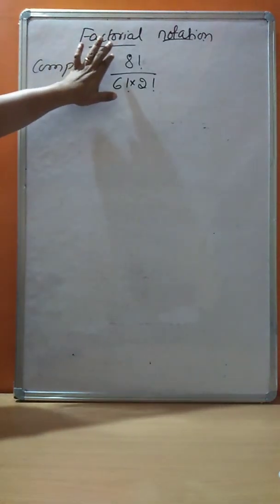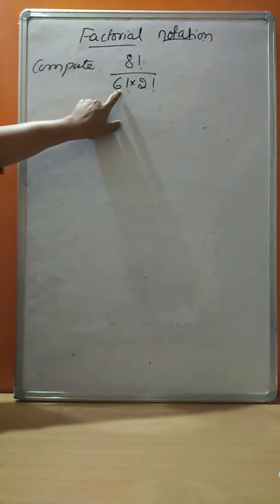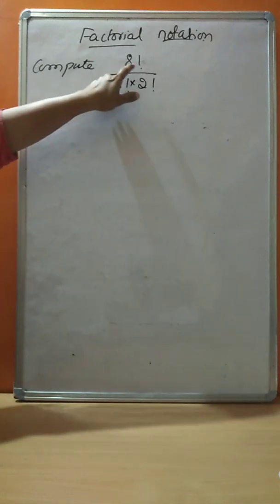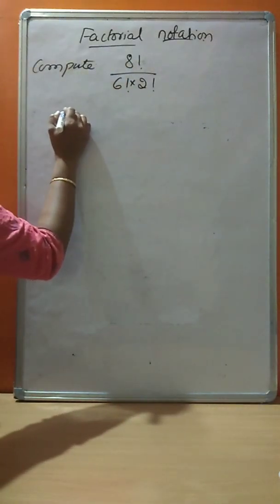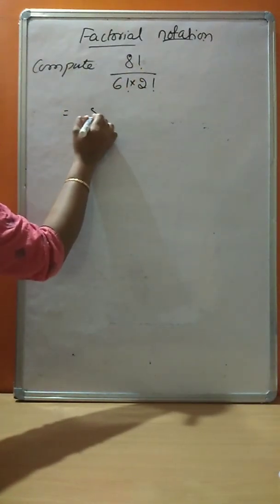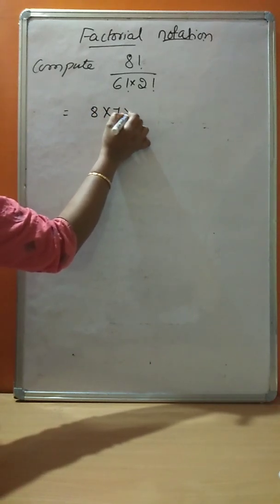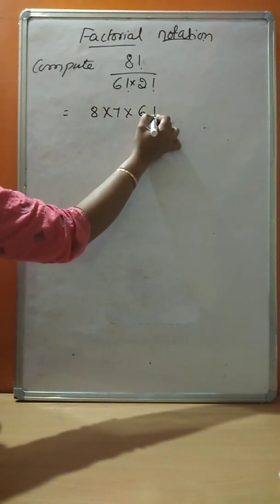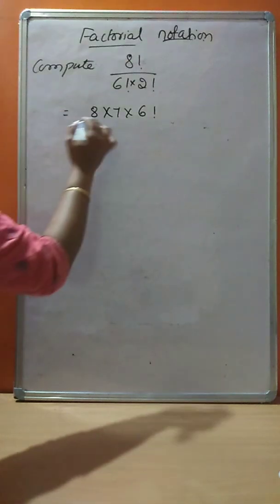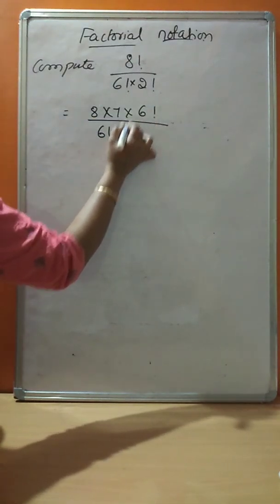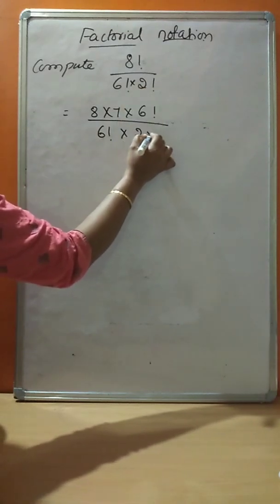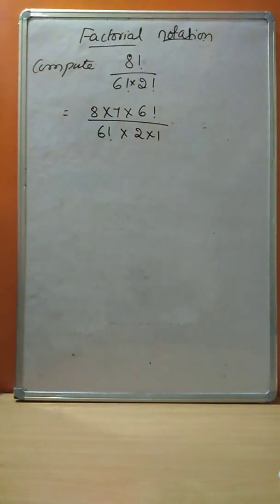Observe carefully. Here is 6 factorial. Using 8 factorial, can we write it in the form of 6 factorial? Yes, this is equal to 8 into 7 into 6 factorial, whole thing divided by 6 factorial into 2 factorial, which can be expanded as 2 into 1.